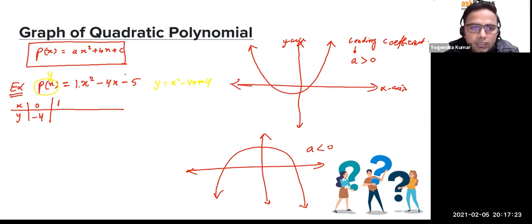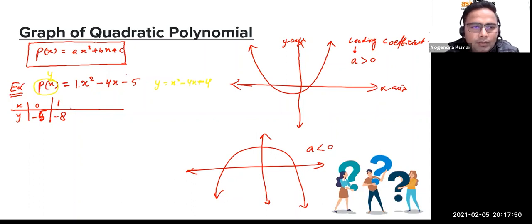If you factorize it, by the way, what are you going to get? If I put 0 here, it is giving me -5. If I put 1 here, what am I going to get? 1 minus 4 minus 5, that is -8.